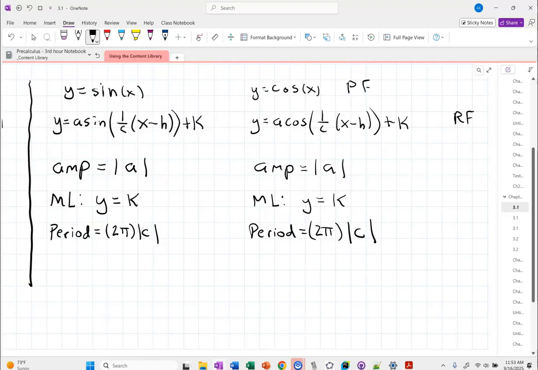Again, I can get the period just from the formula, or if I'm looking at the graph, I can use the length of the period to find potential values for c, like positive or negative of some number. Does everybody feel okay so far? Okay.